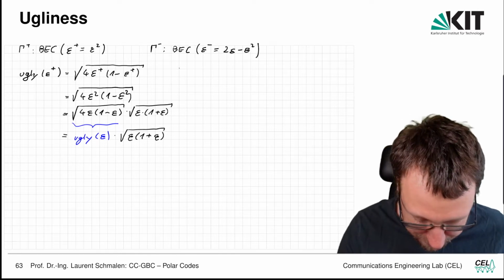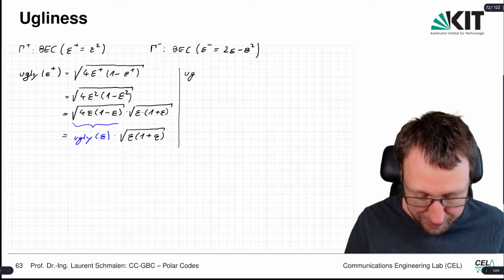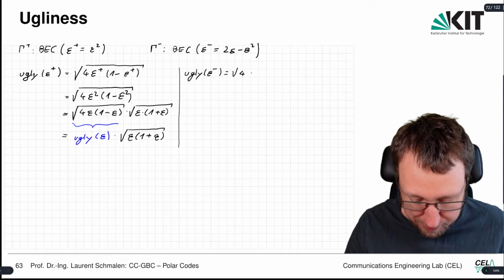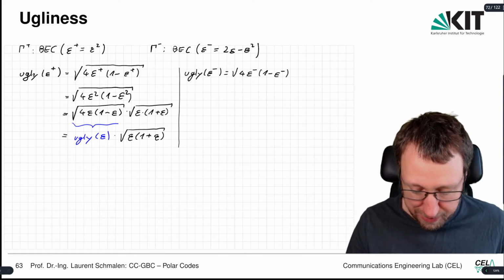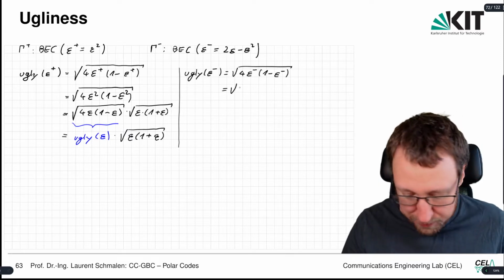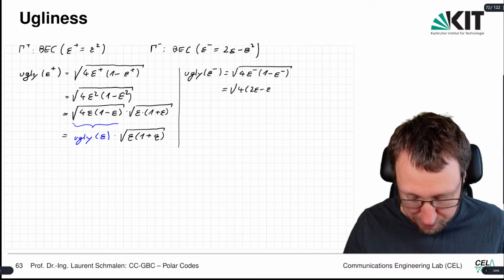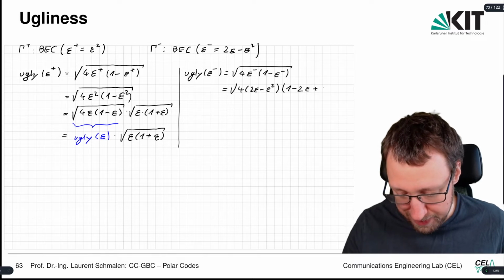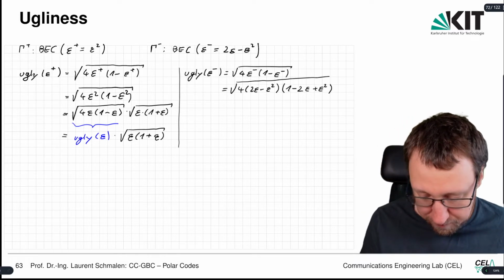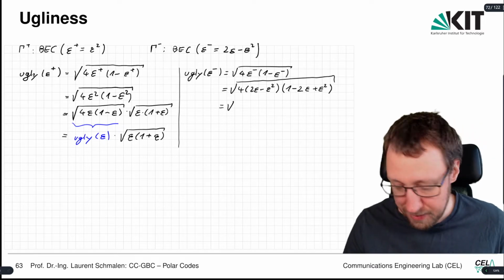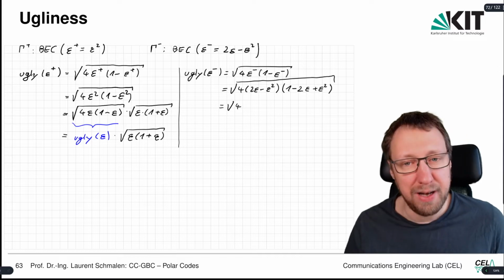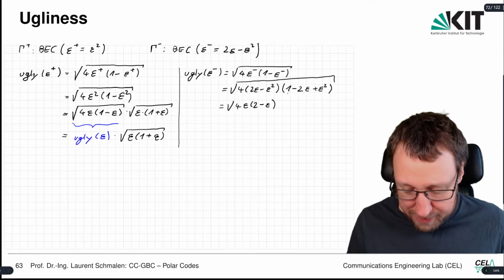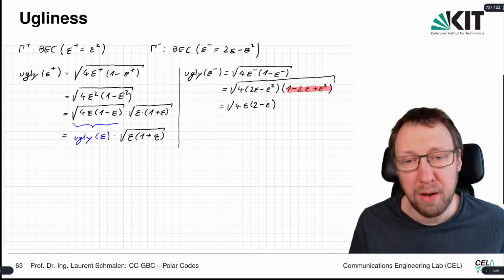Now we calculate the ugliness of our channel gamma minus. Insert the square root of 4 times epsilon minus times 1 minus epsilon minus. It's a little bit more involved, so it's 4 times 2 epsilon minus epsilon squared times 1 minus 2 epsilon plus epsilon squared. The first term is 4, then we factor out an epsilon, so it's 4 epsilon times 2 minus epsilon. And this last term is nothing else than 1 minus epsilon squared.